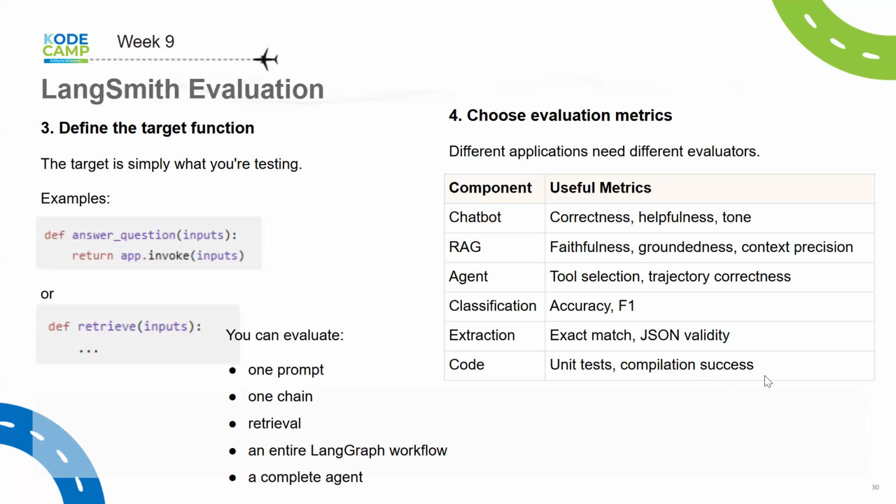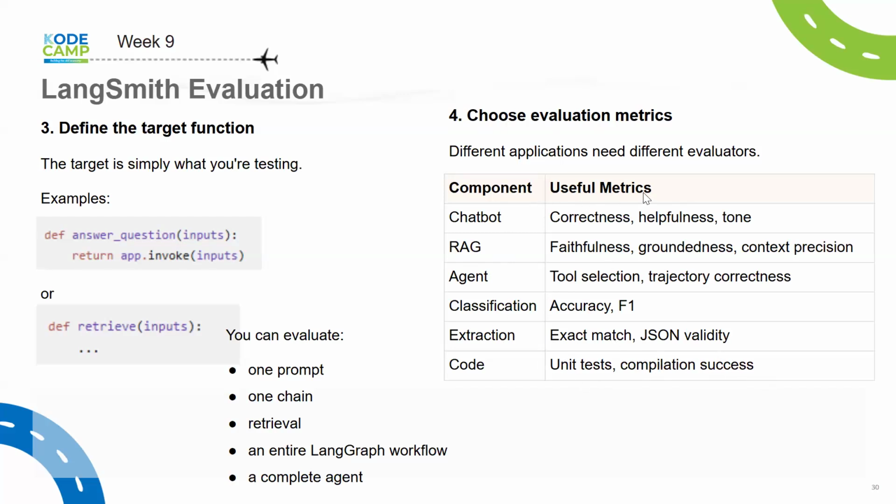You can also check compilation success. You can even check for linting, right? Run a script that will try to lint the code generated by that AI. Run a script that will run a unit test. Run a script that will try to compile it, and so on and so forth. So if it passes, then those are the metrics that you can choose.